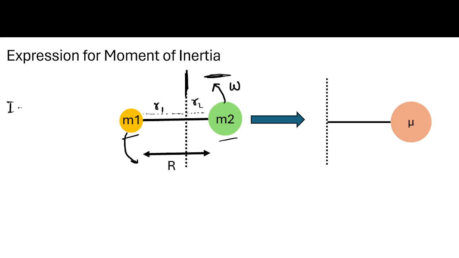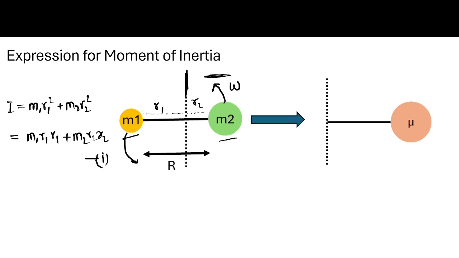I is equal to, as we saw in the previous slide, m1 r1 square plus m2 r2 square. We can say this is equation 1.